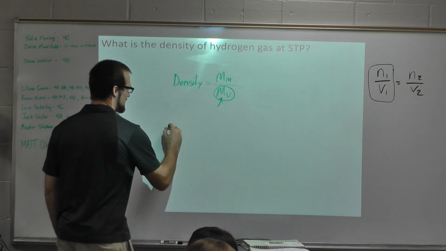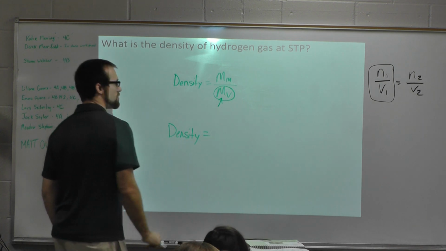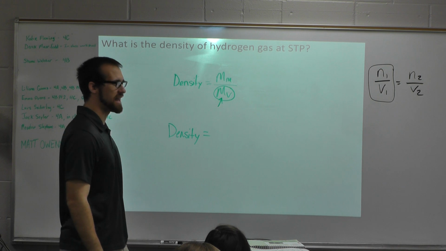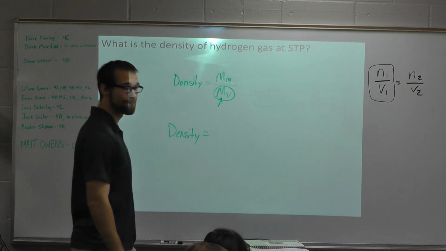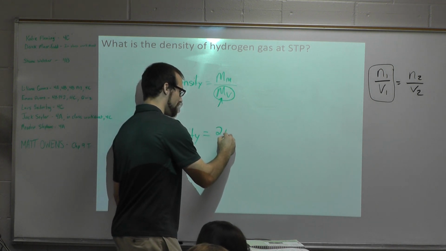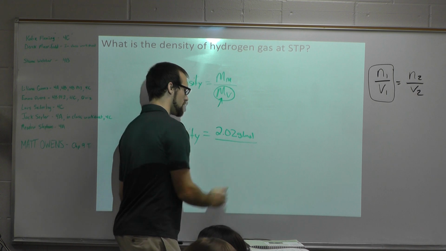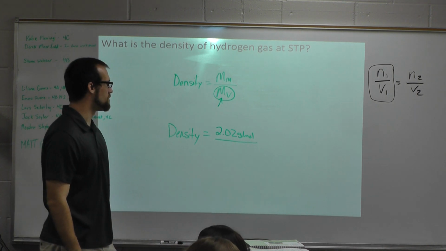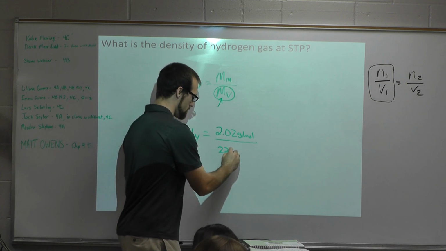So, what is the density? Density equals molar mass over molar volume. Do we know the molar mass of hydrogen gas? 2.02. And do we know the molar volume if we're at STP? 22.4.